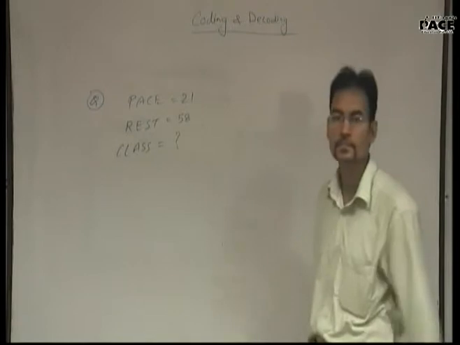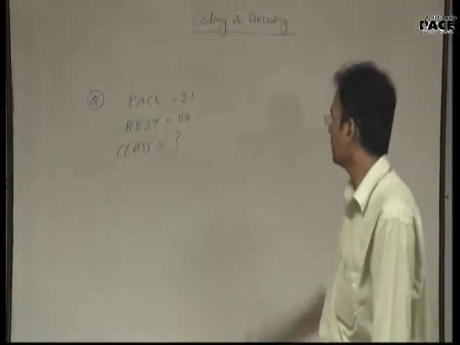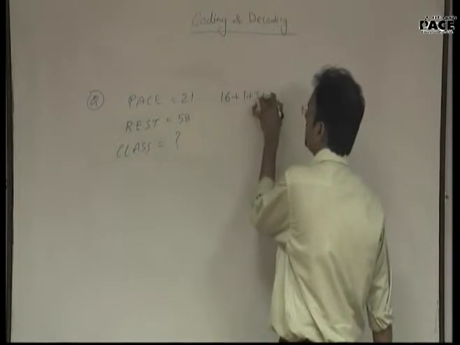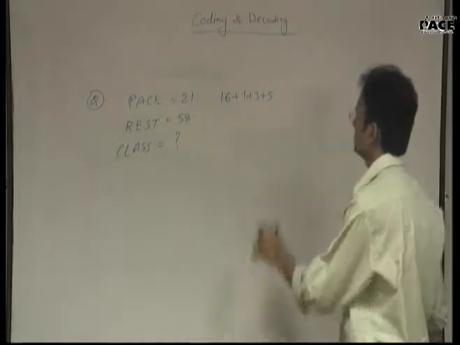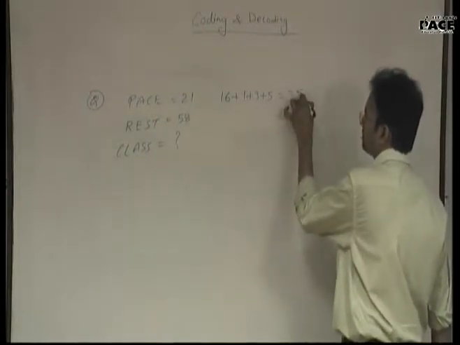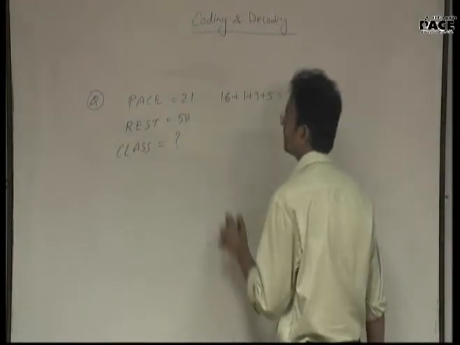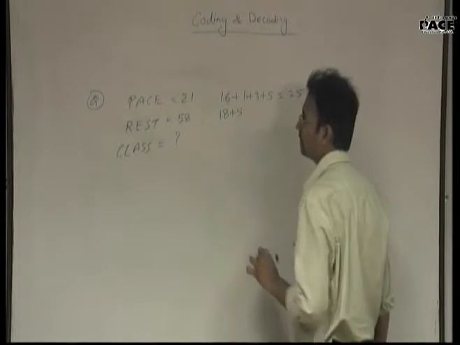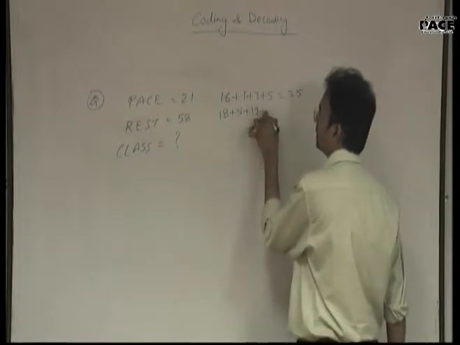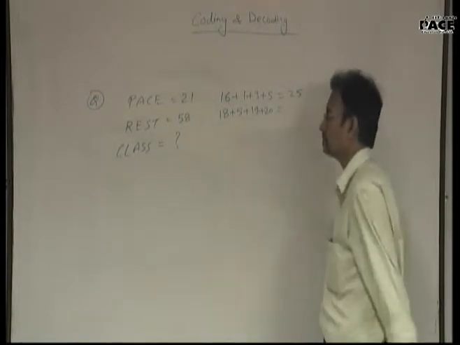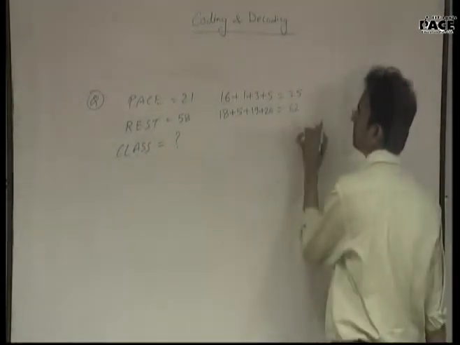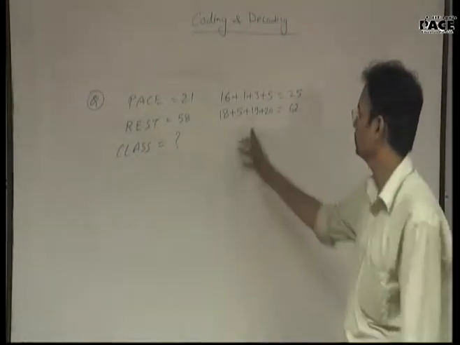Plus. Now here again, if you put the values 16 plus 1 plus 3 plus 5, which gives us 25. And similarly, raised 18 plus 5 plus 19 and plus 20. This gives us 62.